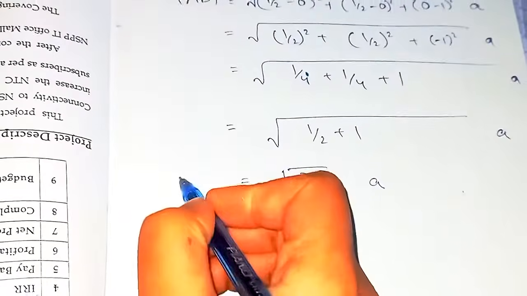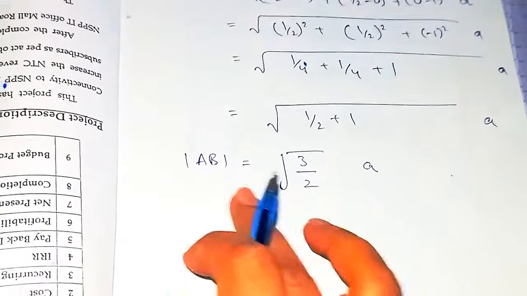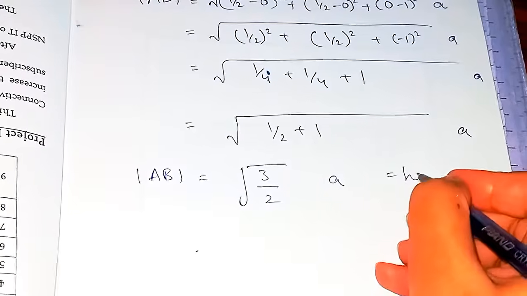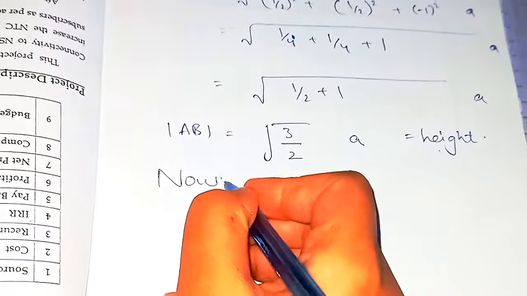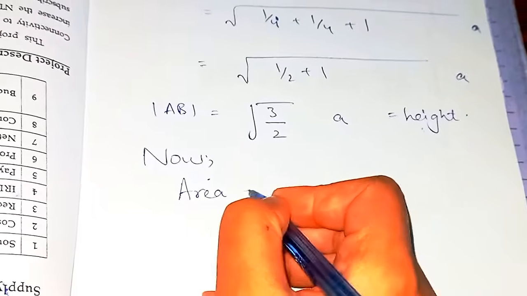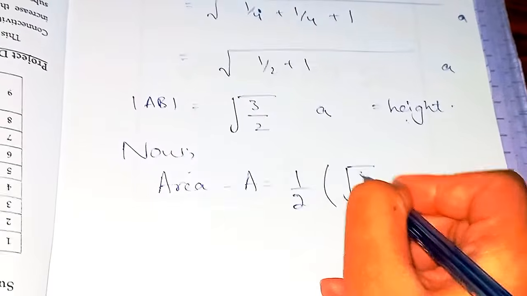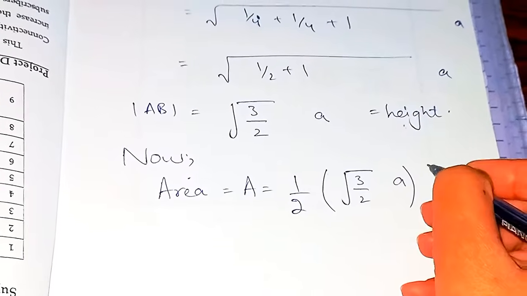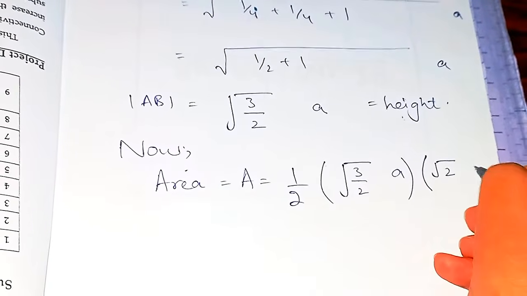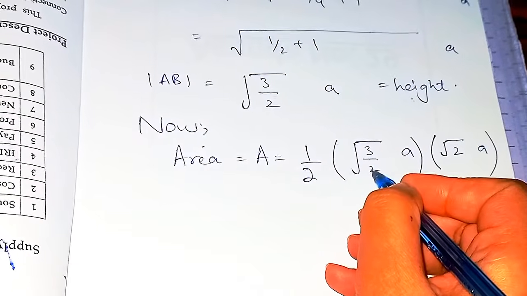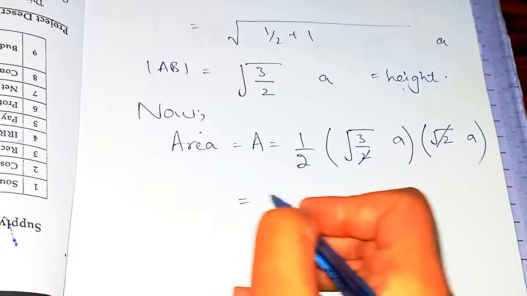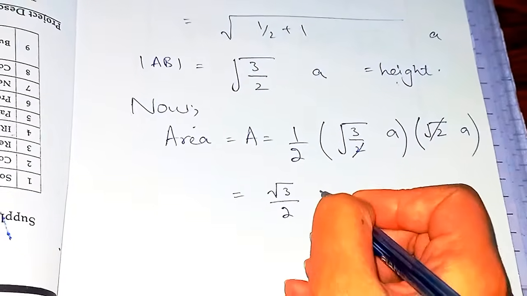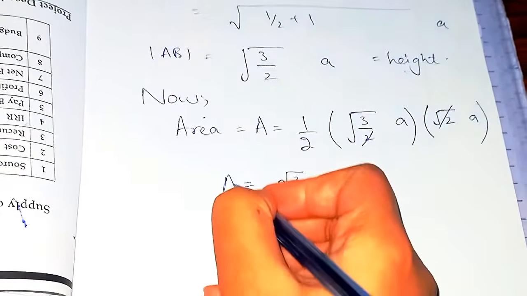You can find the LCM, and this is the height. Now we can find the area of the triangle. Area A equals 1/2 height, which is under root 3/2 into a, into base, which is under root 2 into a. The 2 in the under root and this 2 cancel out, and we have under root 3/2 a squared as the area of the plane.